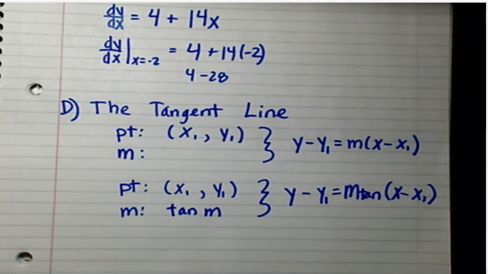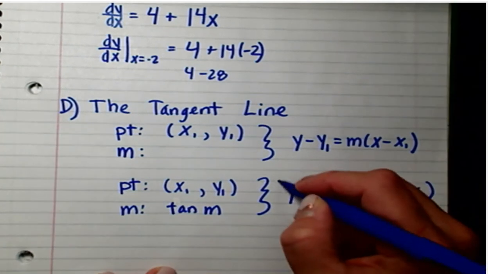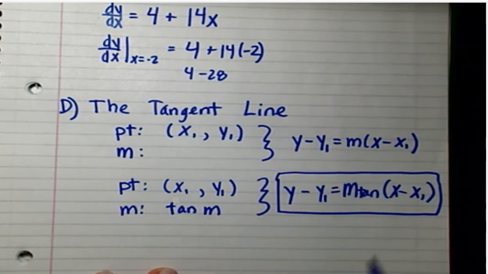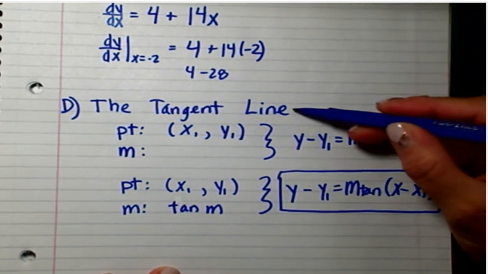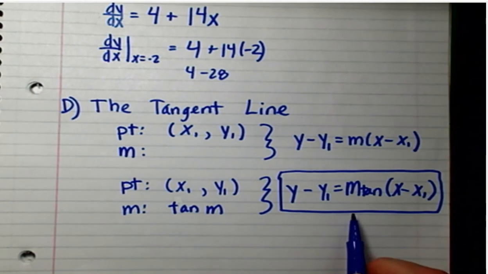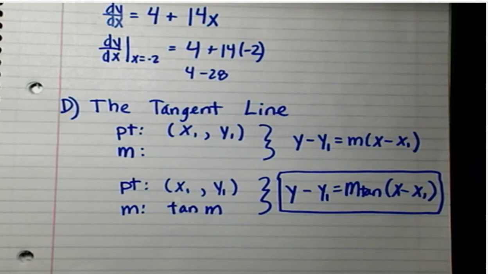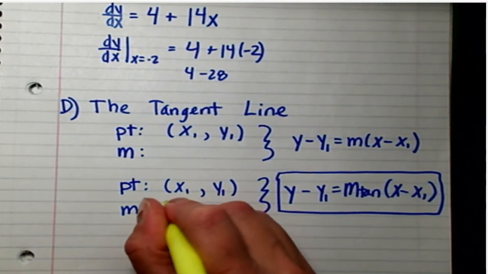Okay. So the only thing that made this calculus is the vocab tangent slope. The other steps, equation of a line, are like review. Okay, so here we go. That's the equation of a tangent line. Why? Because it's using tangent slope.